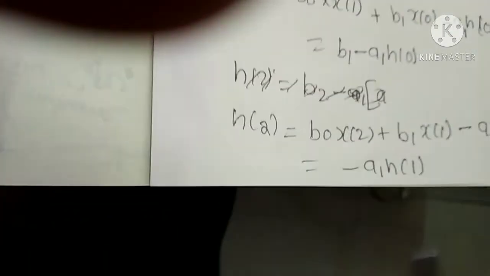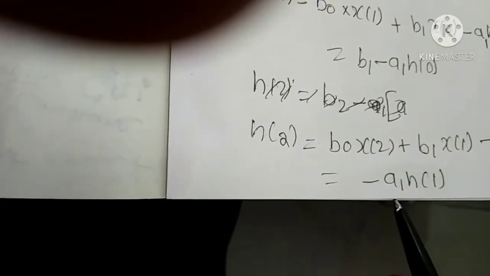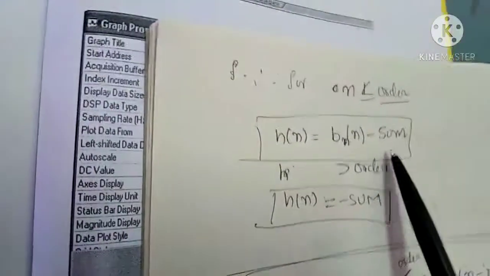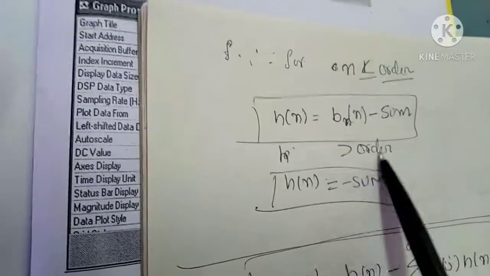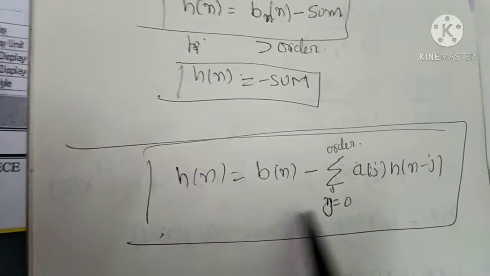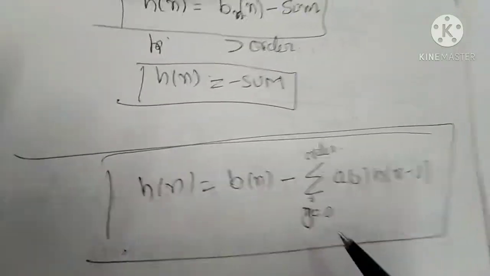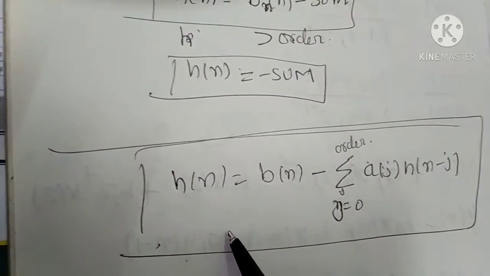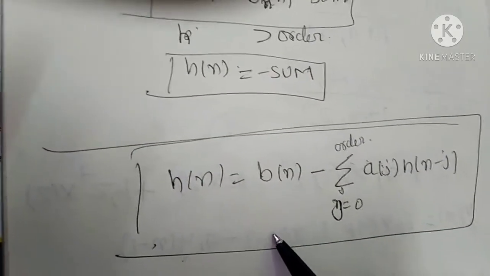So for n less than or equal to the order we got the value b minus sum, and for n greater than the order we just got the value minus a1 into h of 1. So this is the case. h of n is equal to b of n minus sum, and for n greater than the order, h of n is equal to minus sum. And in general, this is a good expression for the impulse response calculated by using a differential equation.